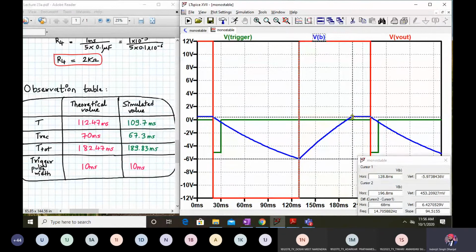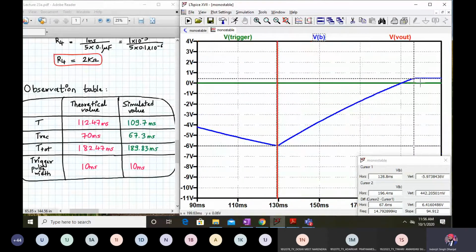Let me expand it and see. Okay, so here it is. This is the recovery time or capacitor charging time, we can say. Somewhere close to over here when it reaches the peak. So how much is this time? 67.35. This is the recovery time, and we got 70 theoretically, but in the simulated value we got around 67.35.